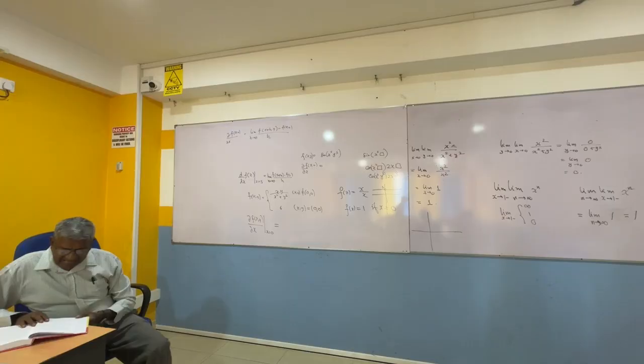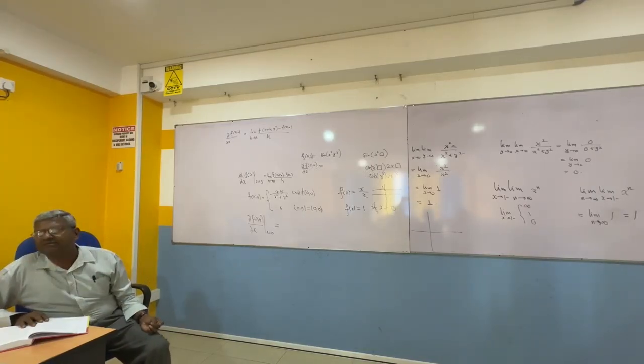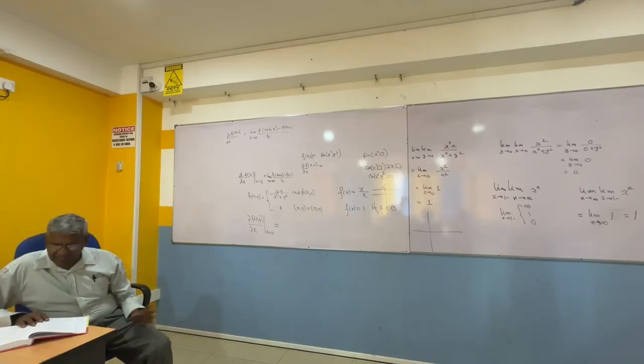But this is the incorrect answer, since limit x tends to 0 of x over 1 plus x, if you actually compute the limit, it is 0. x over 1 plus x tends to 0, no?